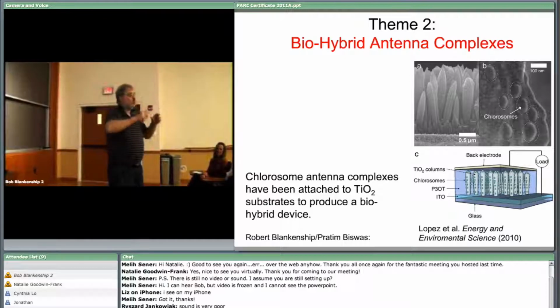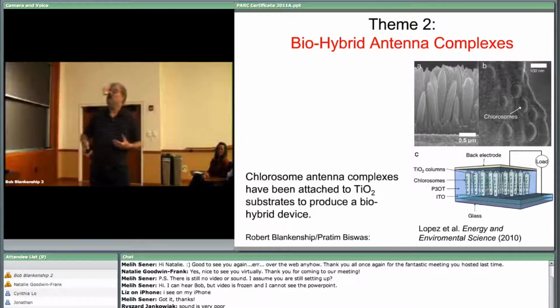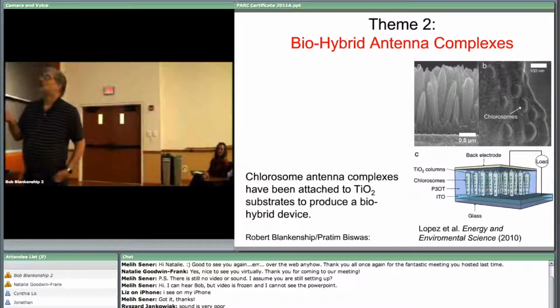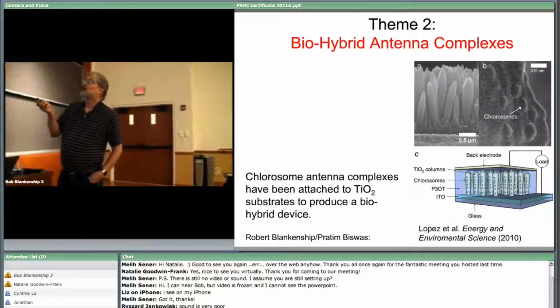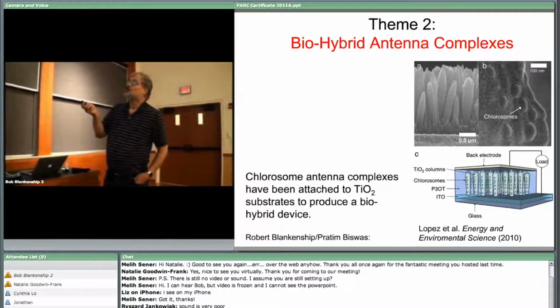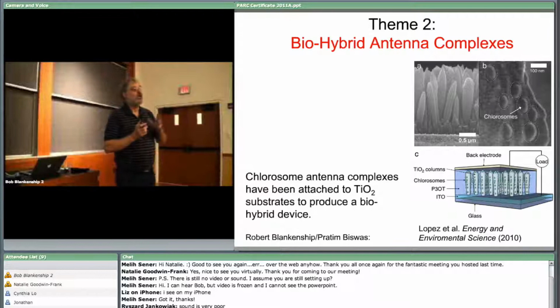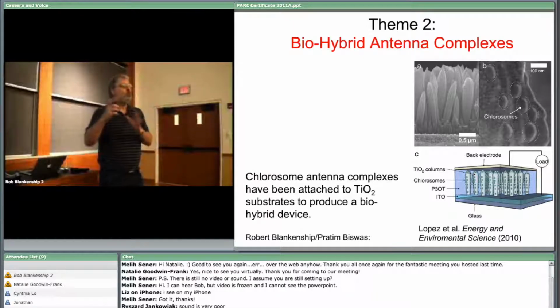At a later time, one might be able to put specific attachment sites that would orient things in a particular way, to have that be a favorable orientation. We're not to that stage yet.